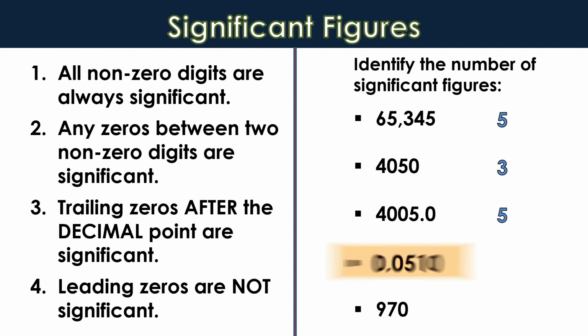Next, number 4, we have 0.0510. So we have here 3 significant figures only. So dito papasok yung fourth rule. Leading zeros are not significant. The zeros located before and after the decimal point and before the first, take note, the first significant value.